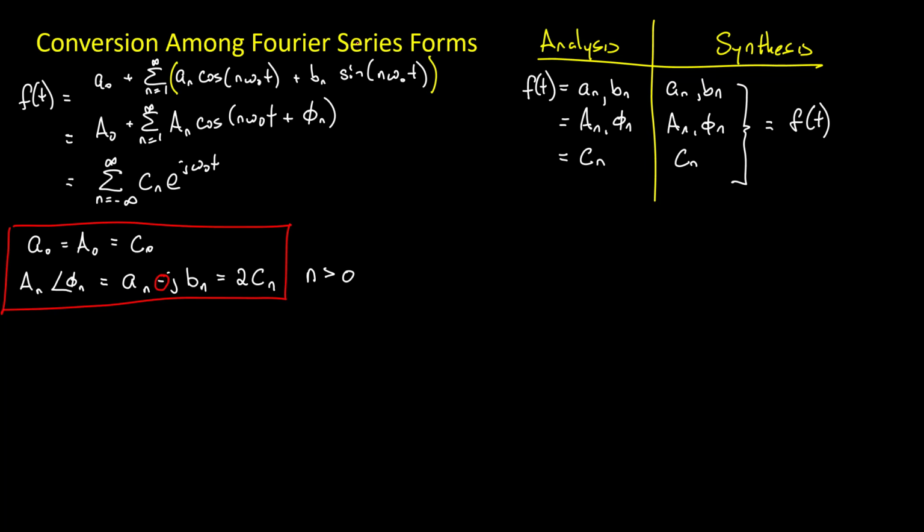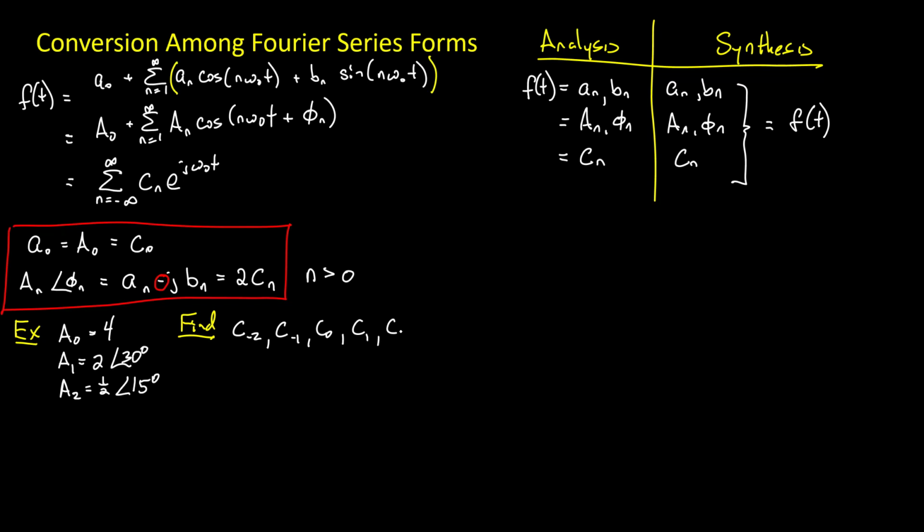Just to give an example, if we're working with these three terms, meaning our DC value and our first two harmonics, and if you're asked to find your c sub -2, c sub -1, c sub 0, c sub 1, and c sub 2 components.